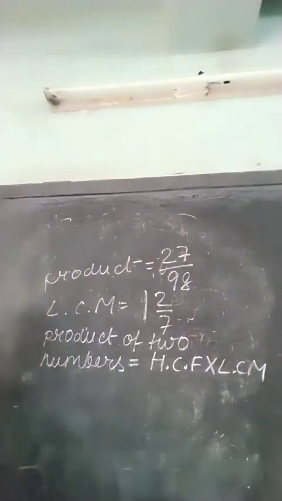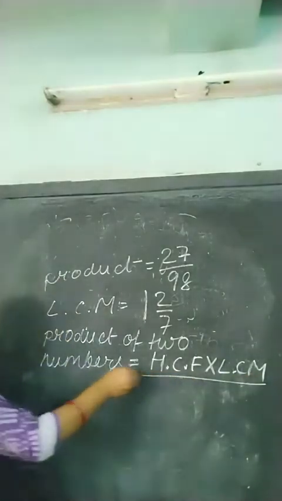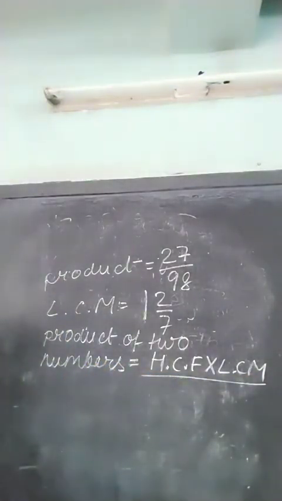This is the formula. Product of the two numbers is equal to HCF into LCM. This is the formula that you have to apply to find out the required number in this sum.